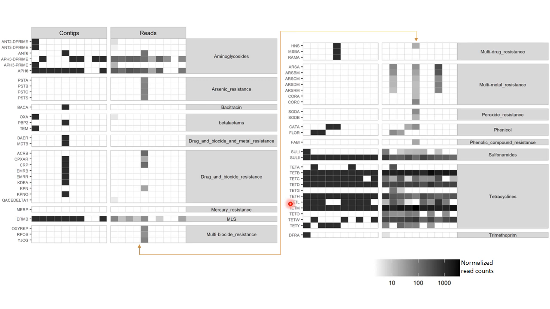The remainder of the results are mostly sporadic, appearing in one or a few samples. One peculiar pattern is the appearance of a wide number and diversity of ARGs in one sample alone. This includes arsenic resistance, drug and biocide, multi-biocide, multi-drug, multi-metal, and peroxide resistances.